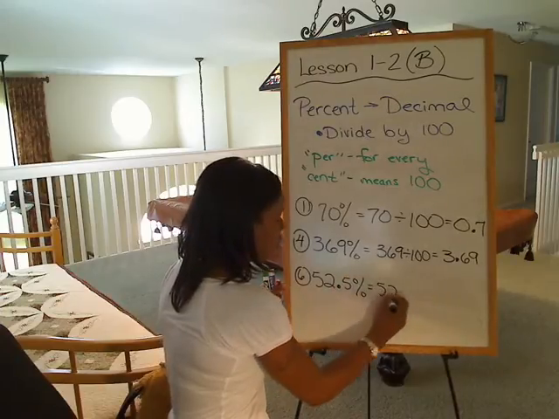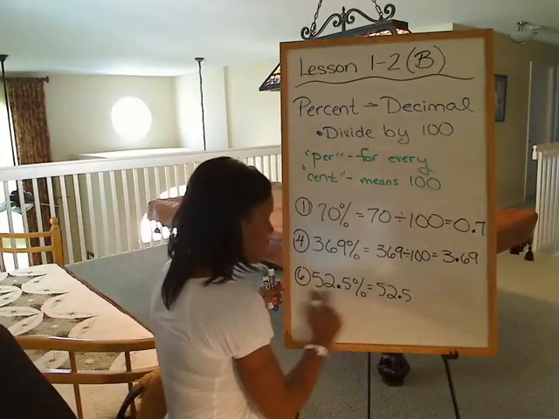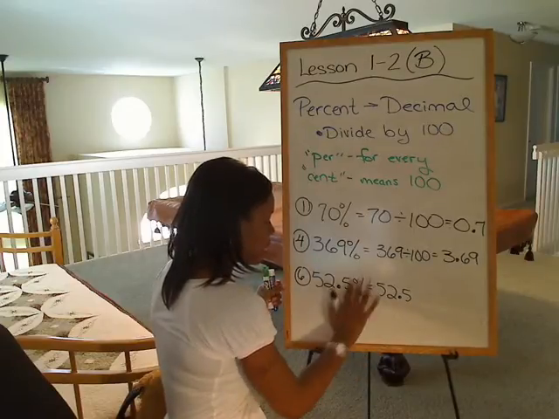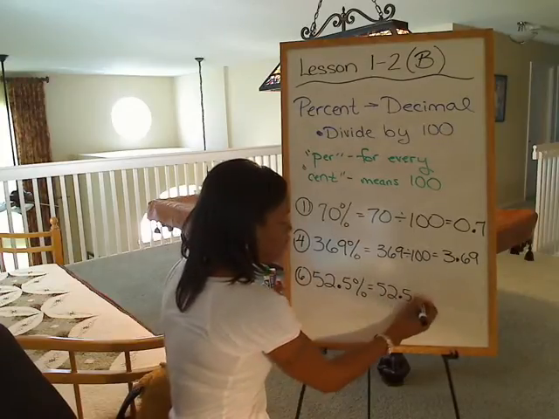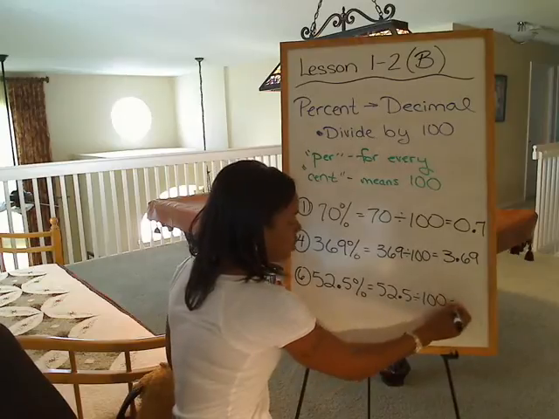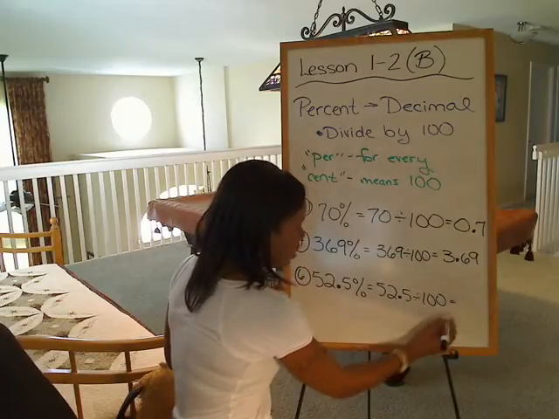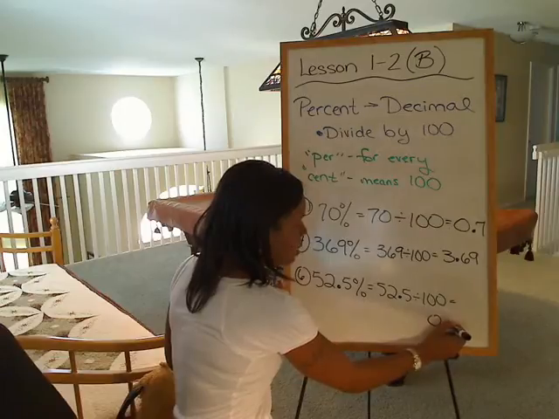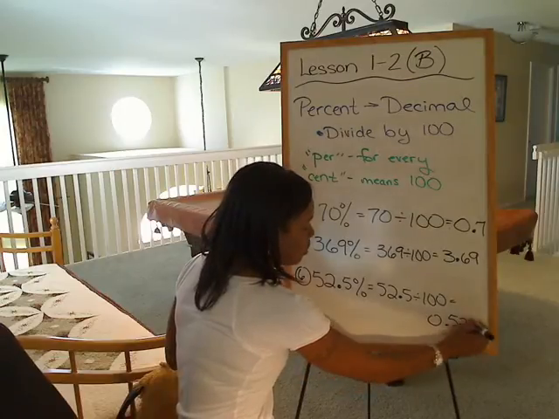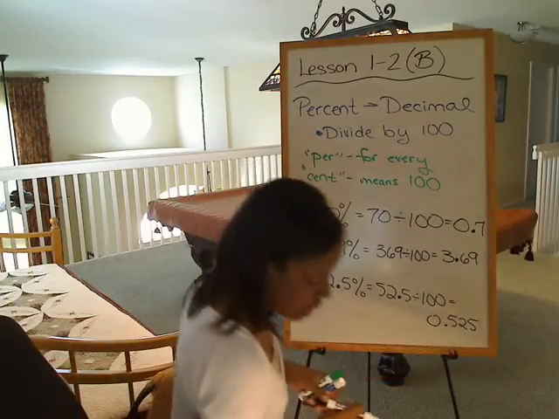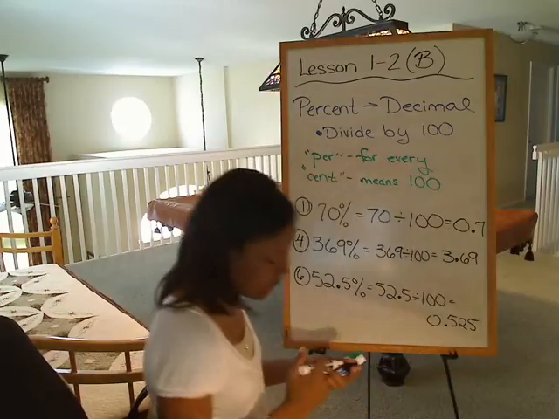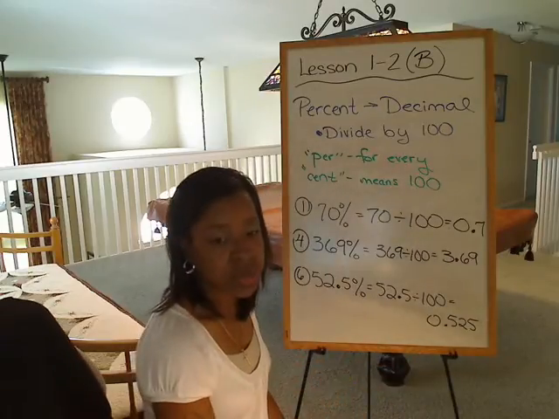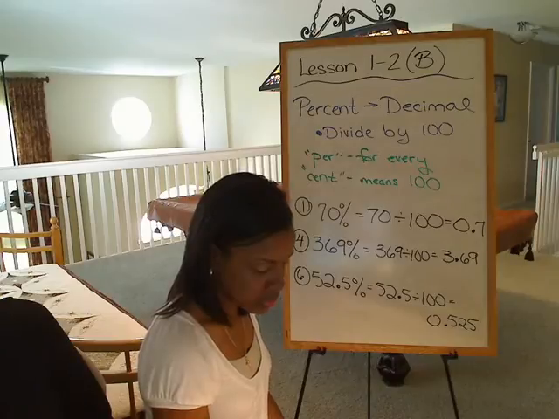Divide 52.5 just the way it's written. All you do is drop the percent. So 52.5 divided by 100 equals, I'll write it down here, 0.525. And you're done. So that's all you have to do to change a percent to a decimal. It's a very simple process.